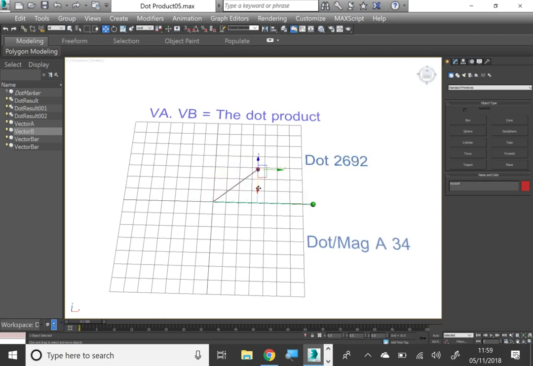And if I move this, it does not change. Does this association remind you of anything you've seen in the past? The trig circles. So what does it remind you of?